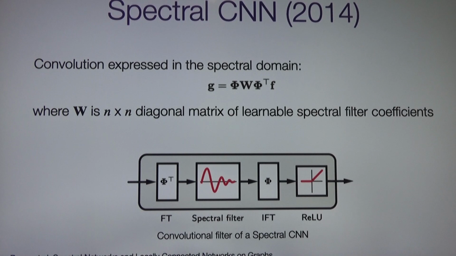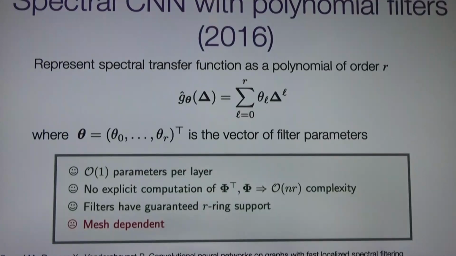The way you would proceed then is, and I'm just repeating Michael here, you would express this convolution in the spectral domain via plain matrix multiplication. So you would do a Fourier transform multiplied with a spectral filter, and there have been a lot of spectral filters developed with this Chebyshev and other networks. And then you would do an inverse Fourier transform and put it into a nonlinearity. This is how you basically obtain a spectral CNN.